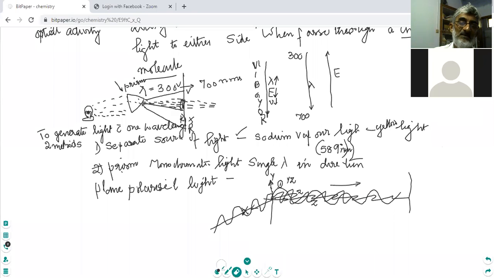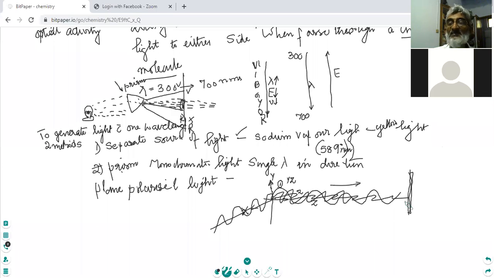When I draw this in a very big picture, things will be too simple to visualize. Now again, you keep a small slit here.